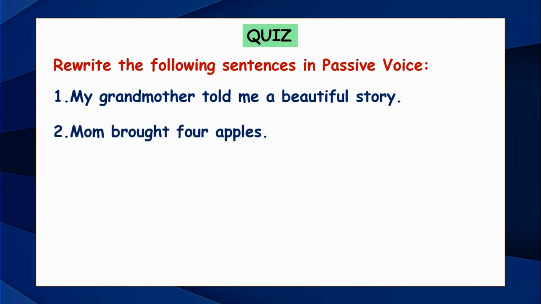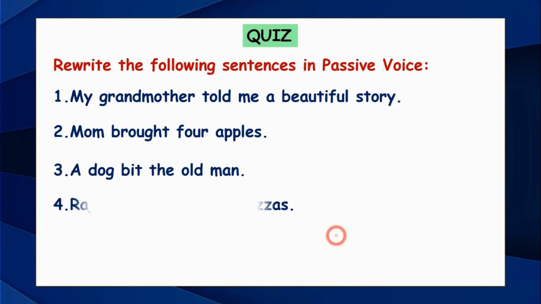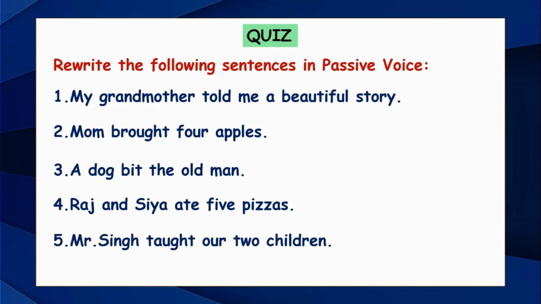Okay. Mom brought 4 apples. A dog bit the old man. Raj and Sia ate 5 pizzas. Hungry people. Mr. Singh taught our 2 children. So these are the 5 sentences in active voice in simple past tense. You are supposed to convert them into passive voice of simple past tense.